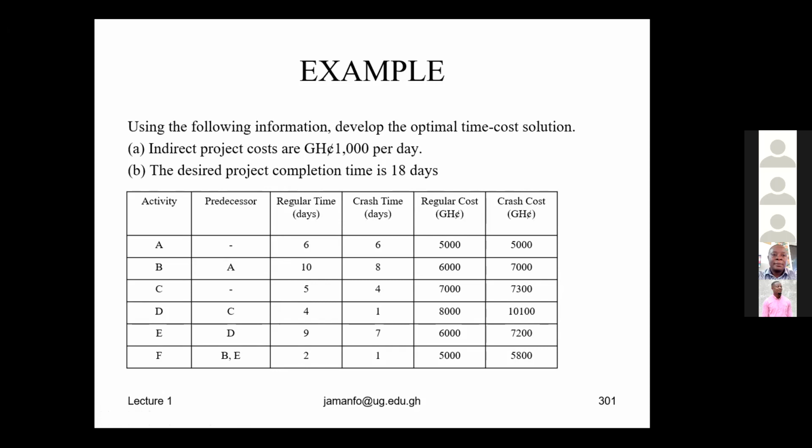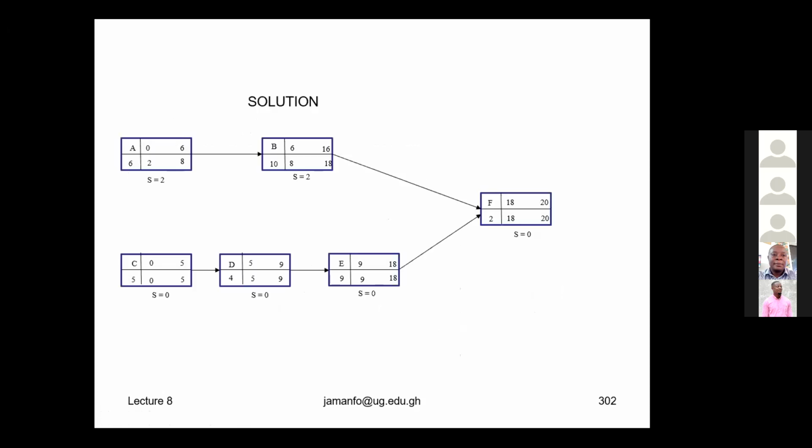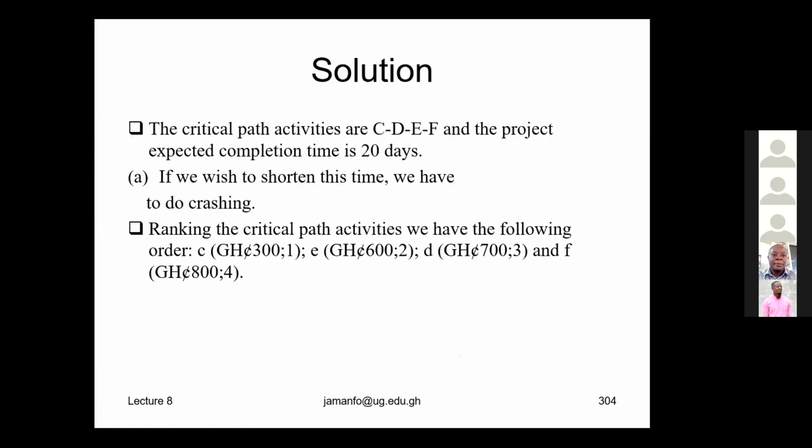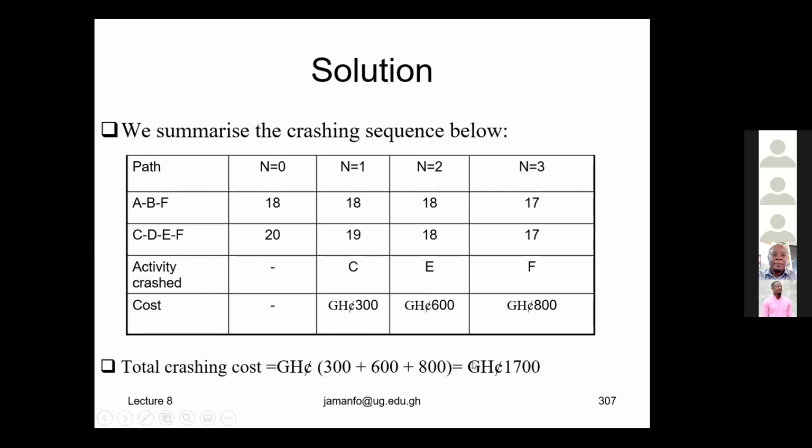Then you can continue crashing until you get to a point where you can no longer go beyond. But in this case, we've been given 18 days. So you are okay to stop here when you have reached the 18 days. But in this case too, at the 18 days, 2 paths become critical. So we see whether the next one can improve our situation.